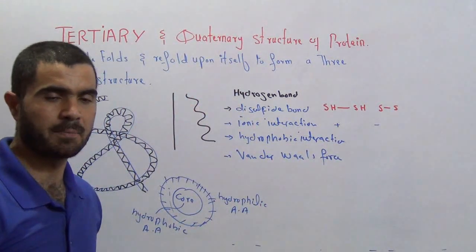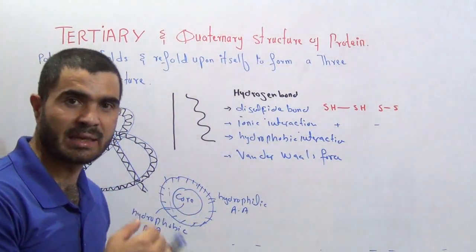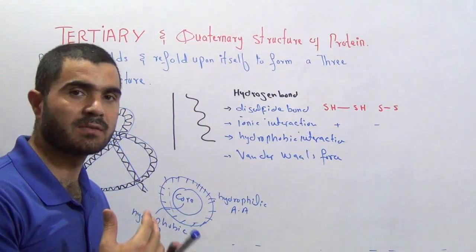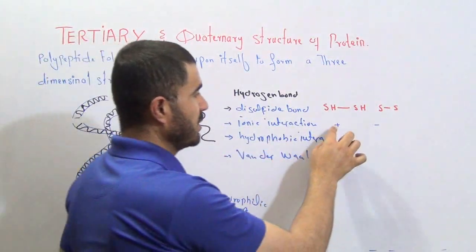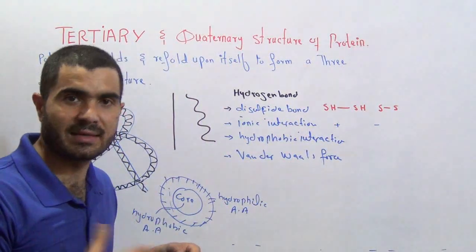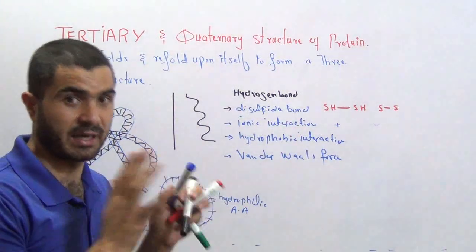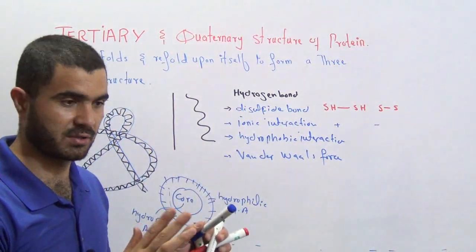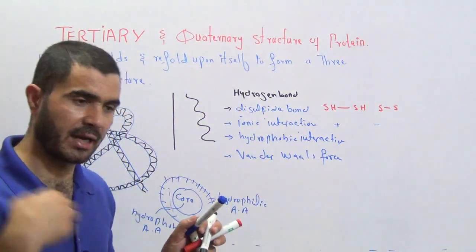If a positive charge develops on some atom in an amino acid, and a negative charge develops on another atom of an amino acid, then a bond will be formed between the positive and negative charge. That will be called ionic interaction or electrostatic interaction as well, because in amino acids we can see positive and negative charges, which is possible because of the removal or addition of an electron.